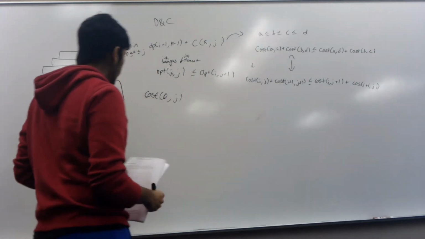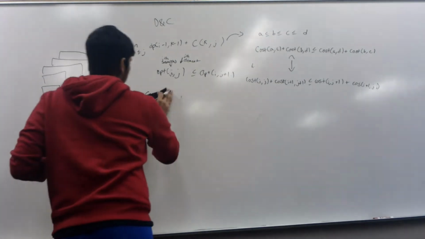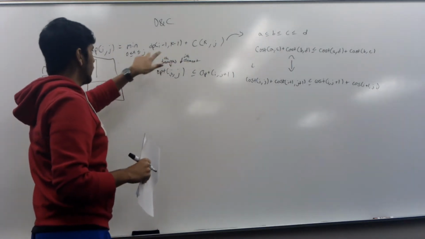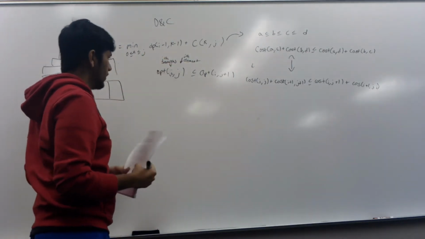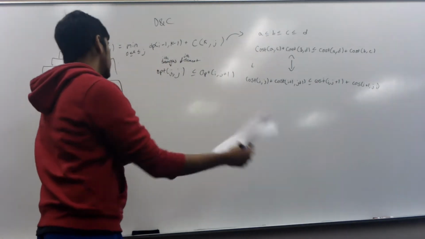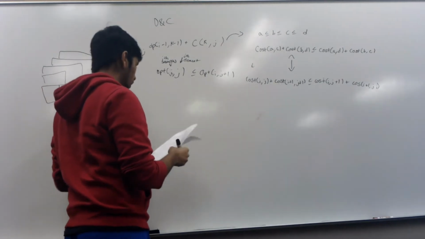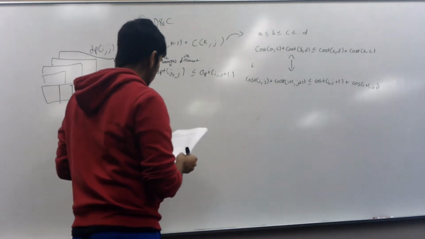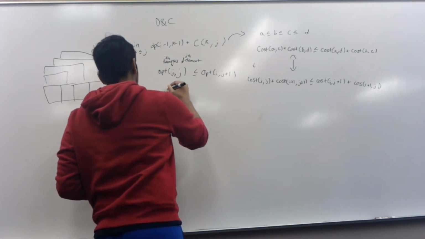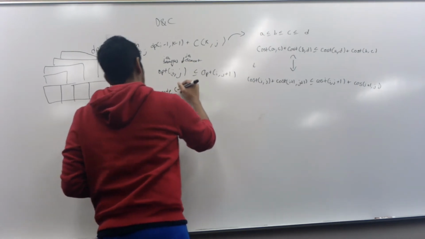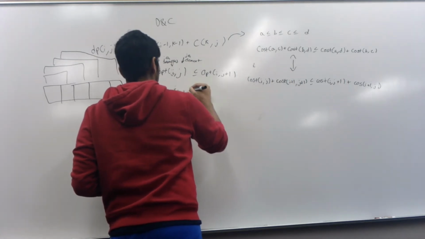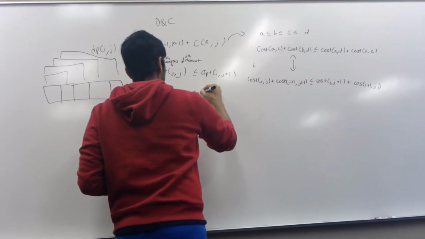Mm-hmm. So now we have to do the relaxation. It makes more sense if we think of this not as a 2D DP, but we do a state reduction, because it only depends on our previous row, right? So we can just use the previous row to relax. So we have some function compute that stores the left range, right.